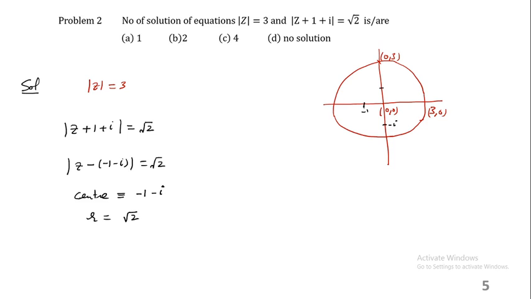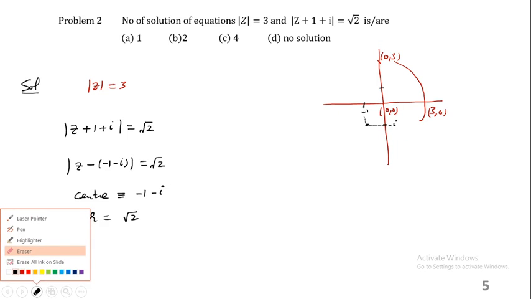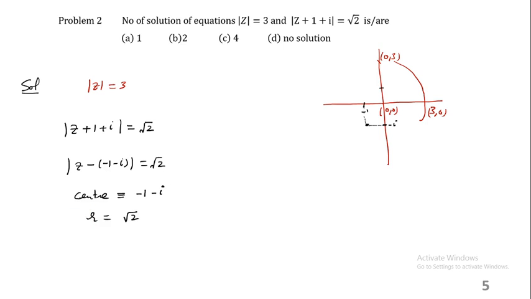So the center of the circle would be somewhere here. Okay. And I will make a little correction in the figure. It is not looking very good. So the figure should look good also. Anyway. This is a circle.